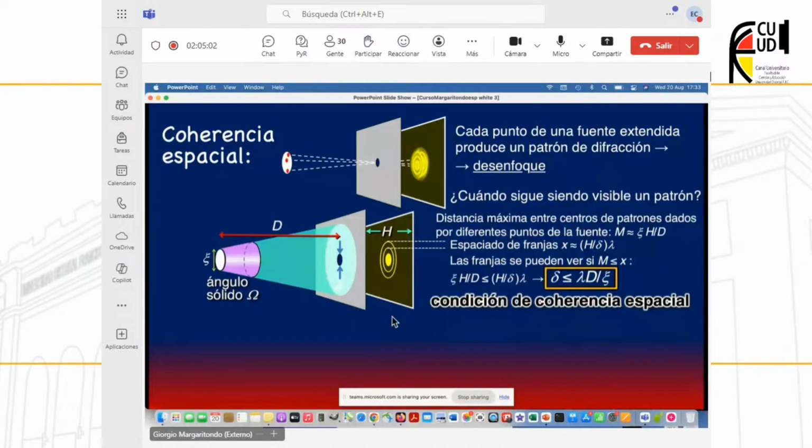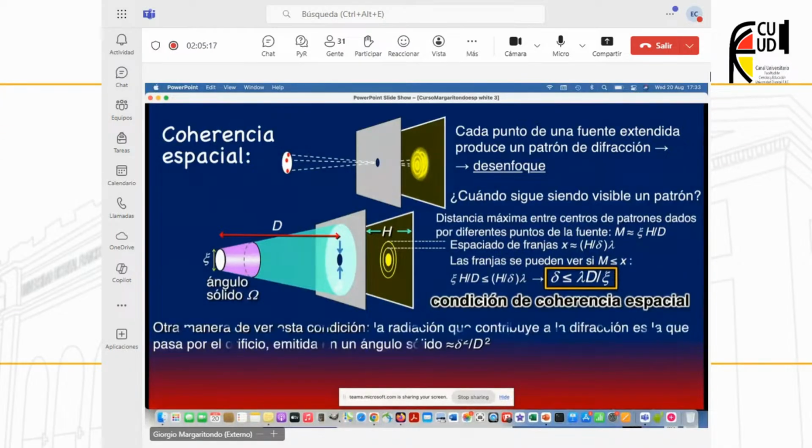Now, all this is very interesting, but actually there is a more interesting way to express the same condition, which is also easier to understand in the case of synchrotron sources. And this is by realizing how much of the emission of a source is participating in the diffraction phenomenon.